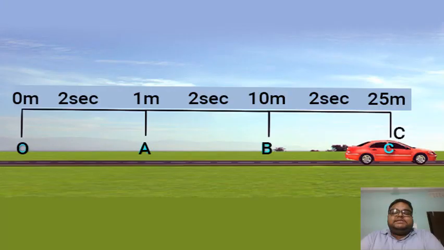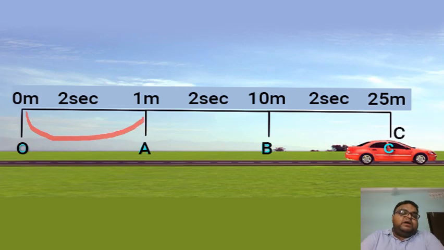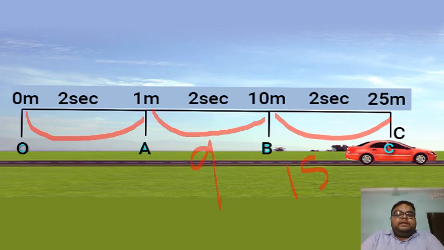So now let's see this picture again. Okay, students, this car has taken 2 seconds to travel 1 meter, but now it has taken 2 seconds to travel 9 meters, right? And now it has taken 2 seconds to travel 15 meters, right? So this car is showing this type of motion.